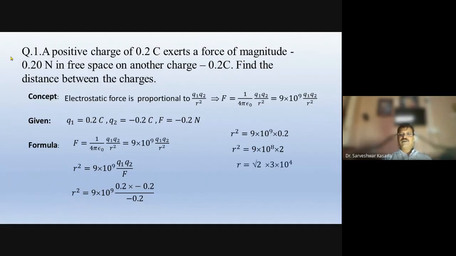So R is equal to root 2 times 3 into 10 to the power 4. So the final answer is 4.23 into 10 to the power 4. In these simple steps, one can solve numerical problems.